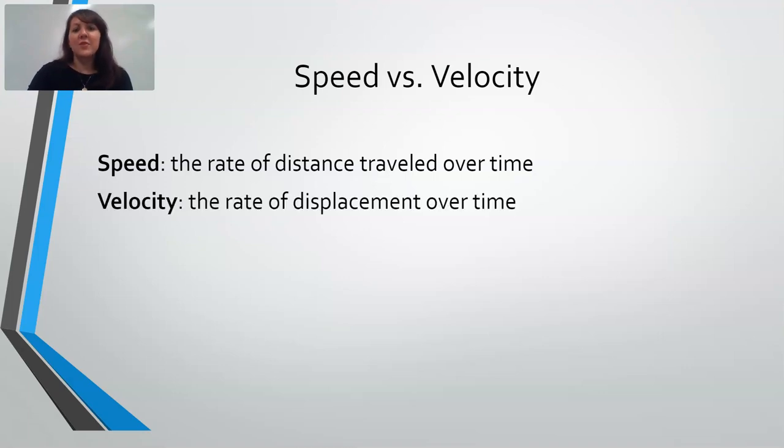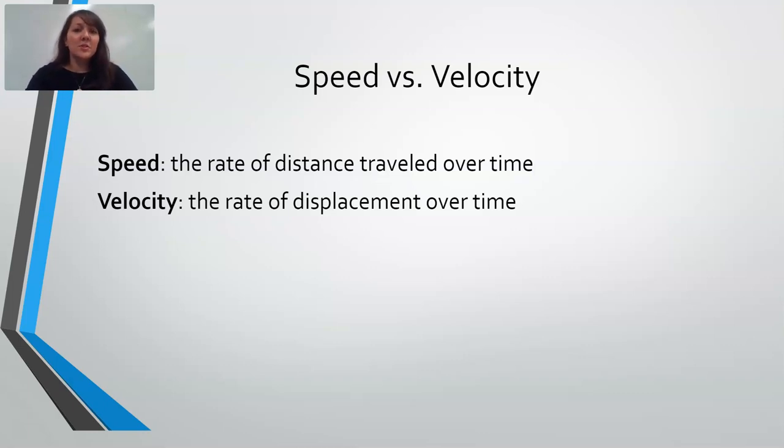Now, velocity is similar. It's the rate of displacement over time. And in our last lesson, we talked about that difference between distance and displacement, where displacement is how far you are from where you started, whereas distance is just how far you've traveled in total with all the little roundabouts and detours and everything on your route.